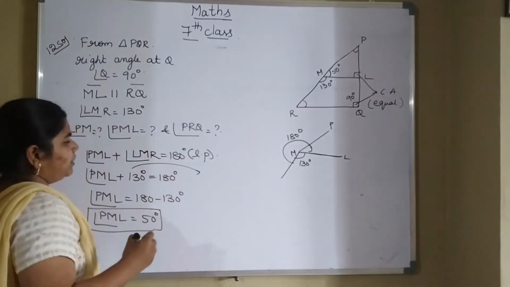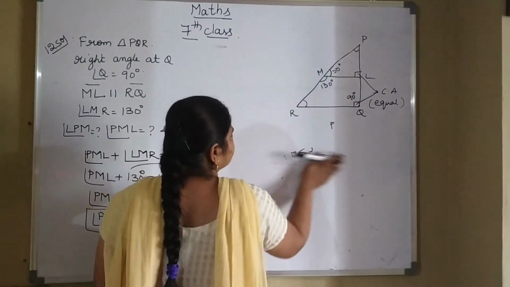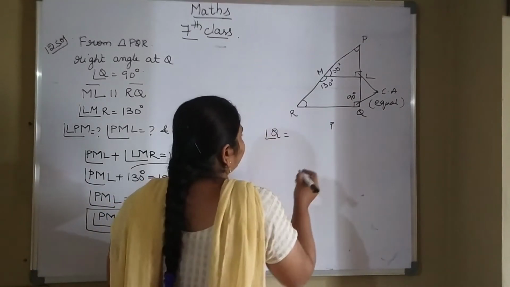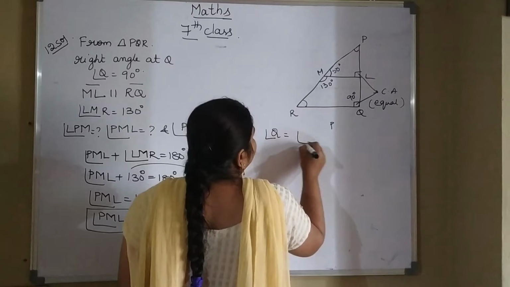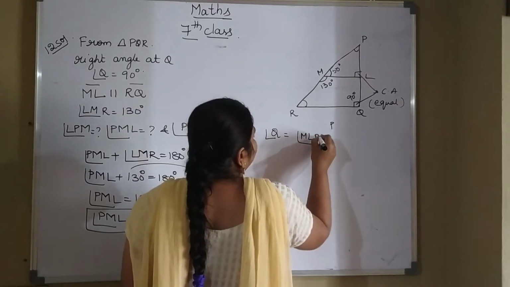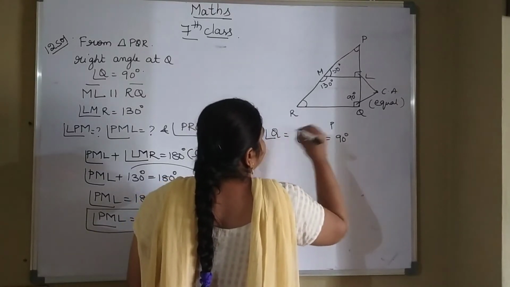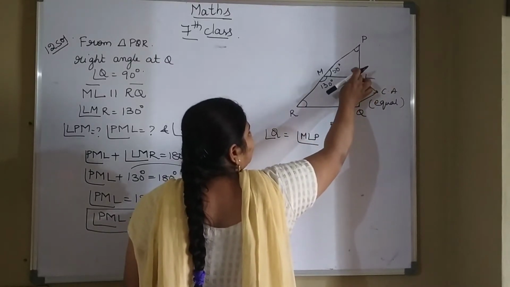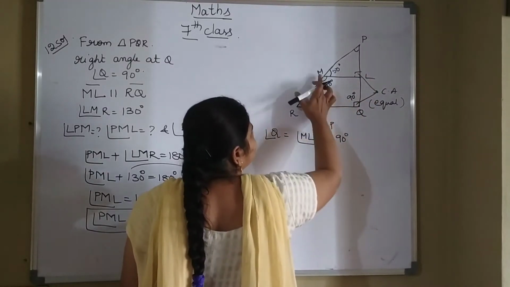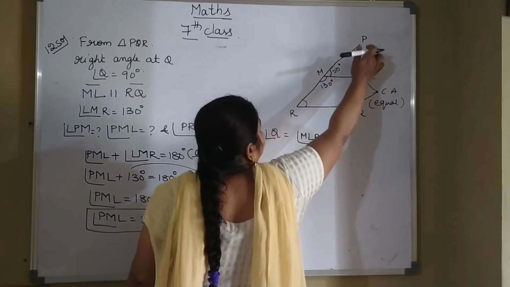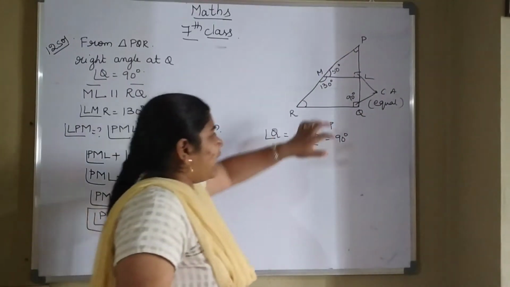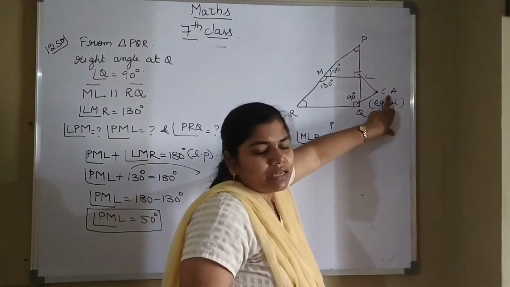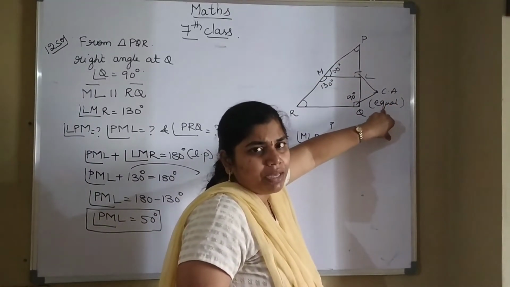That means you can write angle Q is equal to, you can write in the form of angle MLP, that is equal to 90 degrees. Angle Q is equal to angle L. This L I wrote in the form of 3 alphabets, that is M, L, P. Okay, so angle Q is equal to angle L. It forms corresponding angles. Always the corresponding angles will be equal.